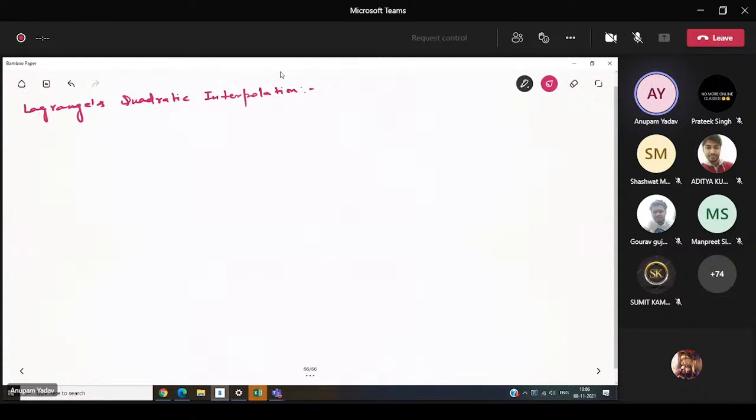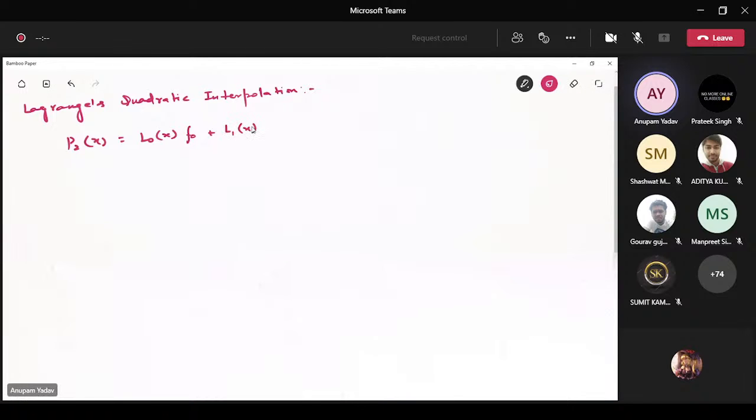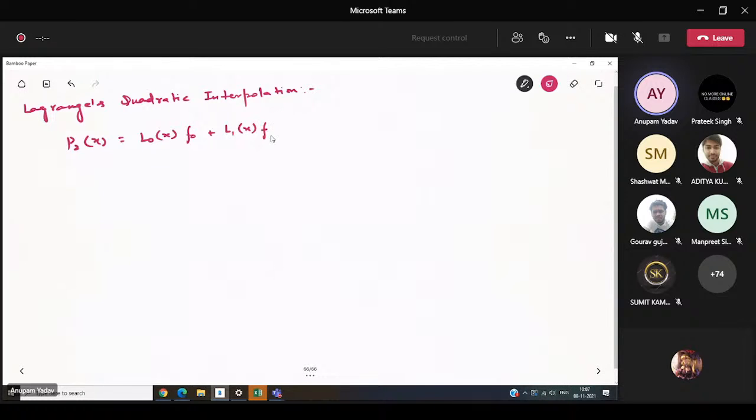So in that case, what will we get? We'll get the value of p2x, means the polynomial of degree 2, and this is how it will be defined. Now we'll be using the 3 points. So L naught x into f naught plus L1x into f1 plus L2x into f2. But here the definitions of L0, L1, L2 will change.